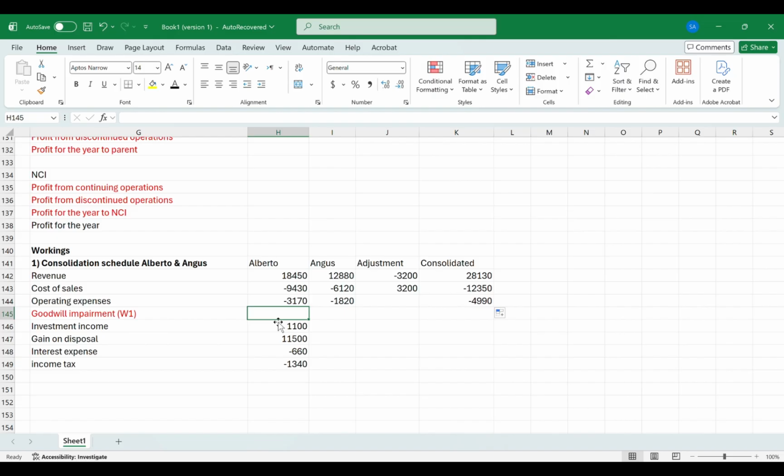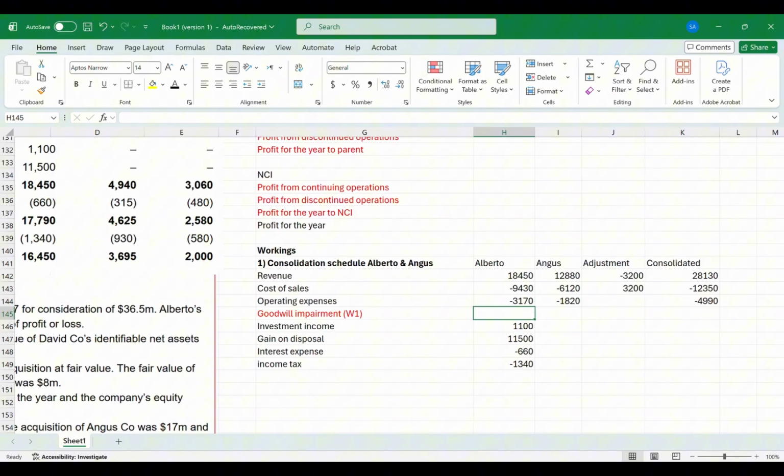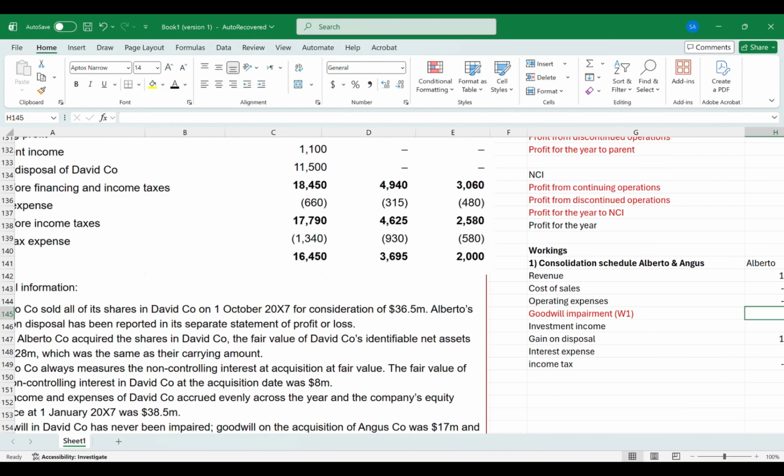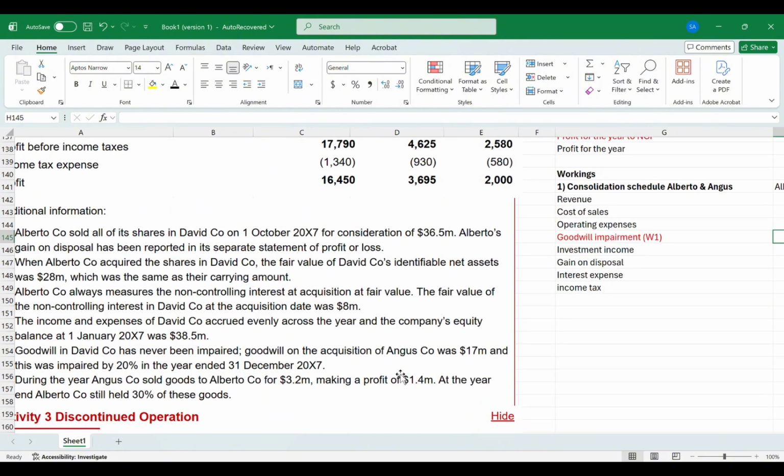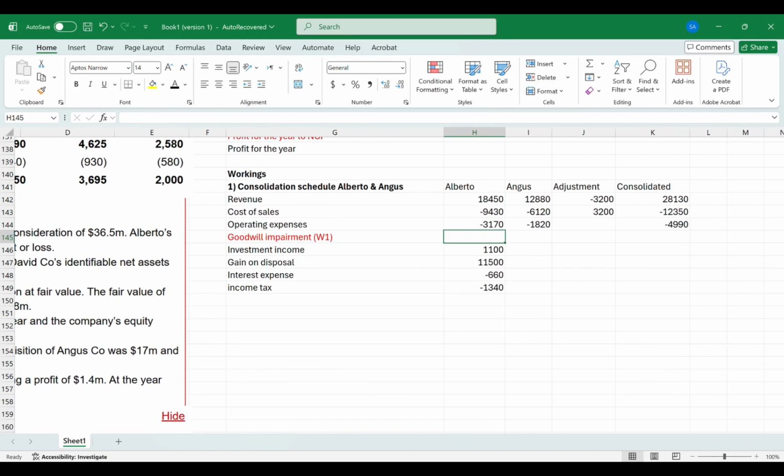Goodwill impairment will go to goodwill. They have already given you the impairment. They told goodwill was 17, it was impaired by 20%. So here itself we can do the work. 20% of that 17 is your goodwill impairment that you will deduct from here.